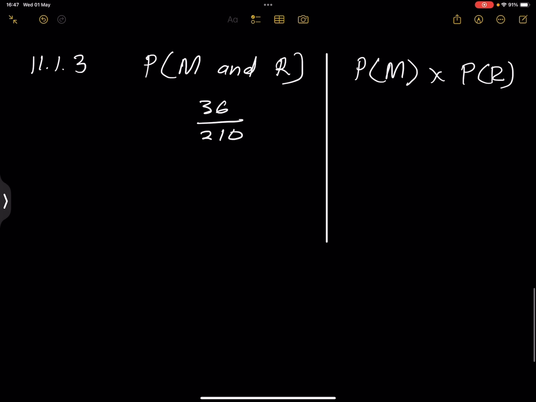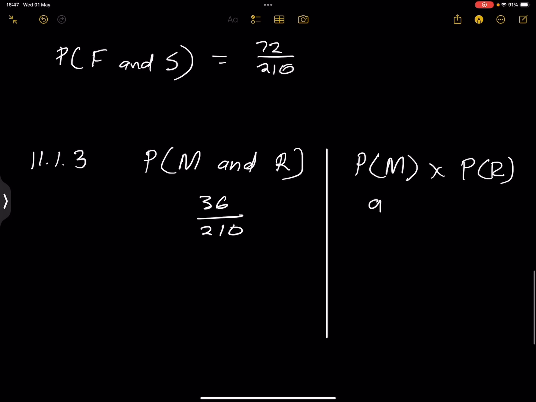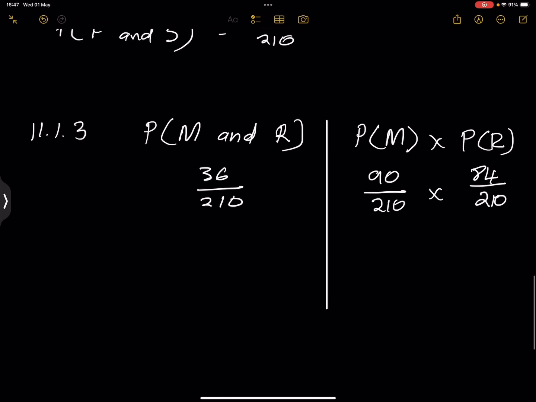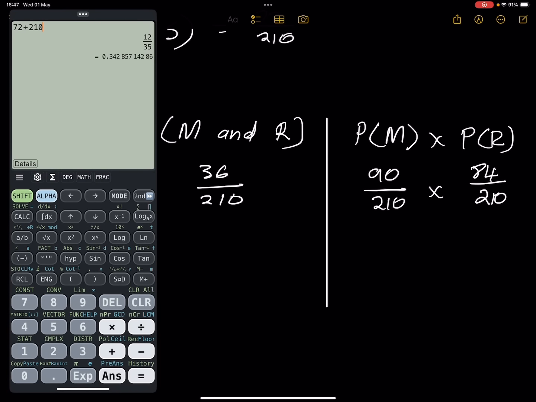So probability of being male, that's 90 out of the 210, multiplied by watching rugby, we said that's 84 over 210, right? I am correct. Okay, awesome stuff. Now let's work out those probabilities. What's 36 divided by 210? Okay, that's 6 over 35.